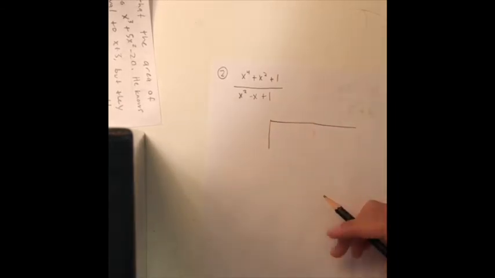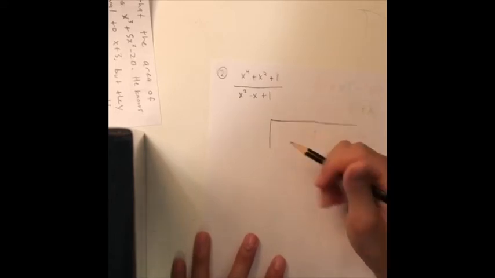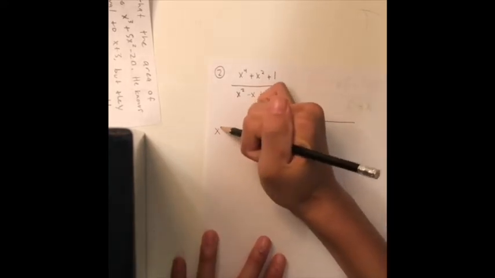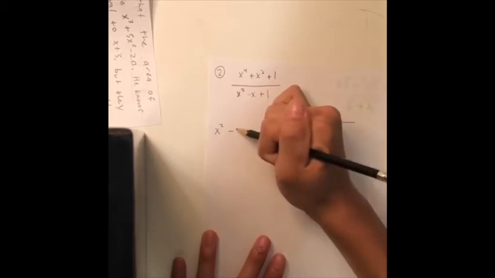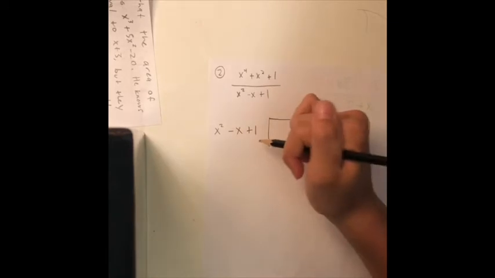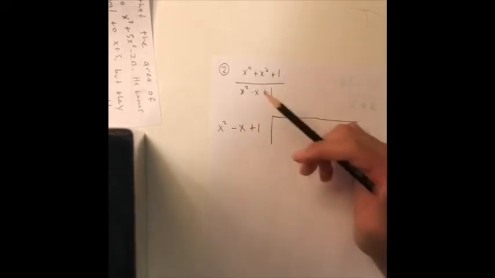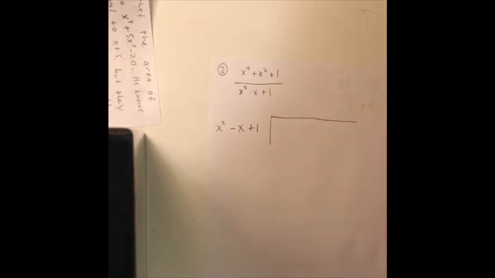And we're going to want to put the denominator on the outside of this house, which in this case is x squared minus x plus 1. And then inside of the house, you want to put the numerator, the thing that's being divided.